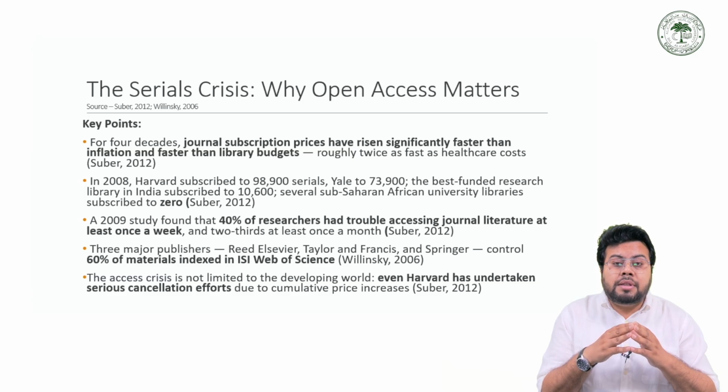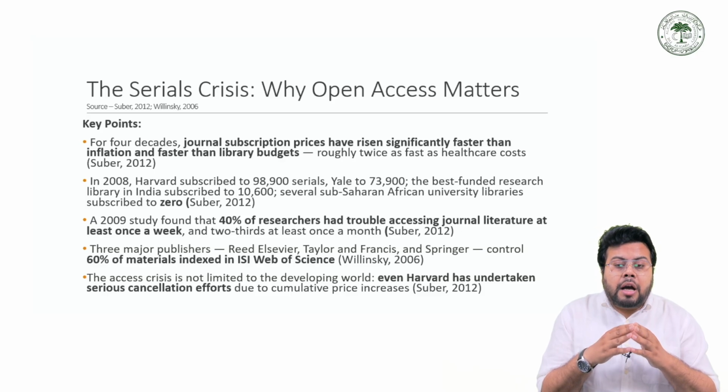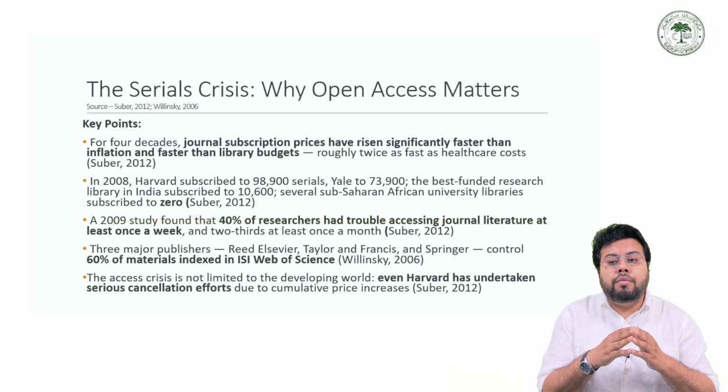And the consequences are stark. Suber opened his book with the story of the Kenya Medical Research Institute in Nairobi, which by the early 2000s could only subscribe to five medical journals, none of them covering the institute's principal research interest of tropical diseases. A leading medical research center in East Africa was conducting research in a near vacuum of the relevant literature.